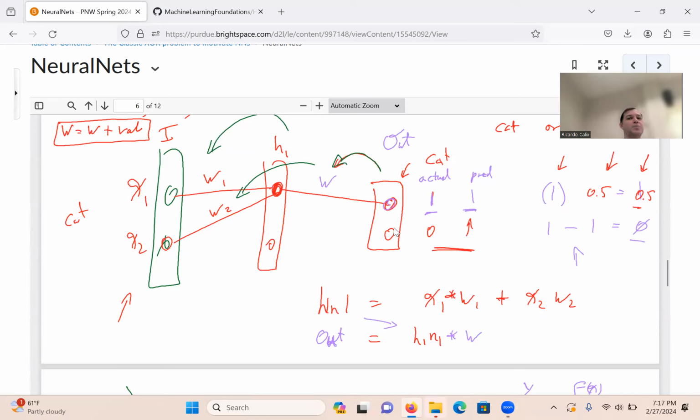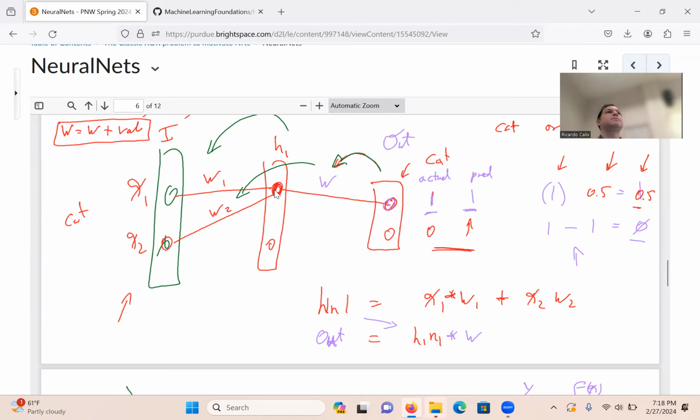What are you trying to predict? Should I drink some water or not? Something like that. You have X1 and X2, but W1 and W2 you don't know. You have to learn them. That's what neural networks do. They have to learn these W's. X1 times W1 plus X2 times W2 gives you this one.